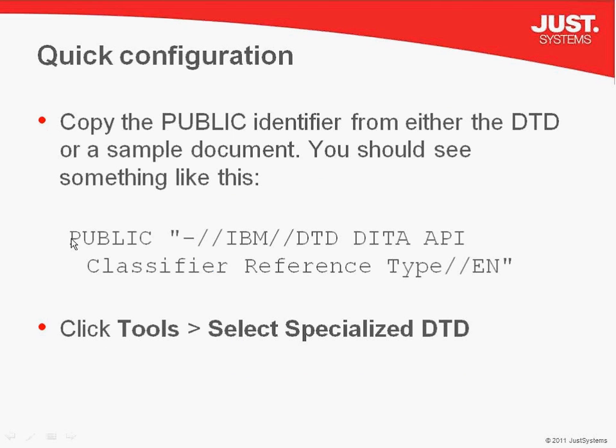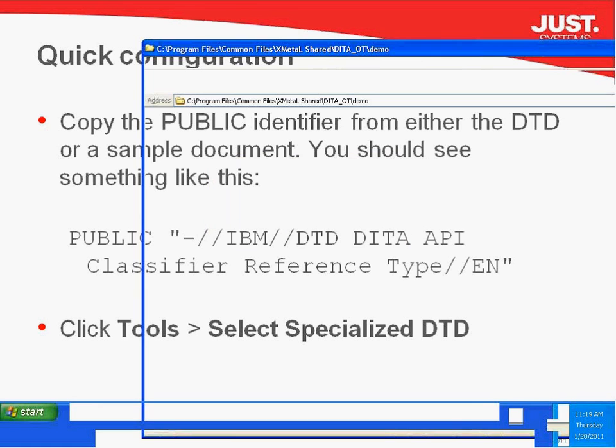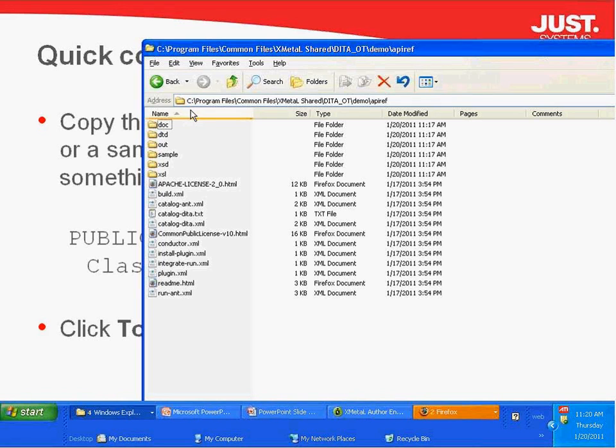So what we need to do is tell XMetaL that this document type identifier is a DITA document type identifier. And the way that we get that is from either a DTD file or a sample document within this file.